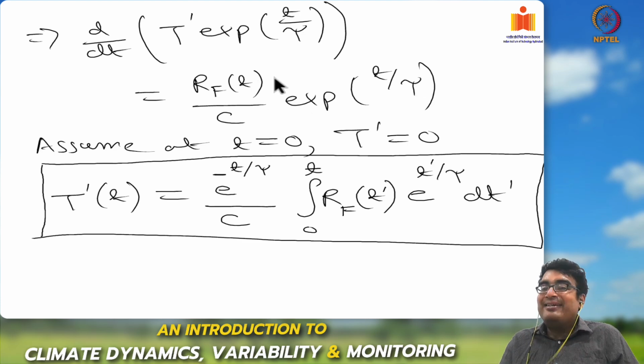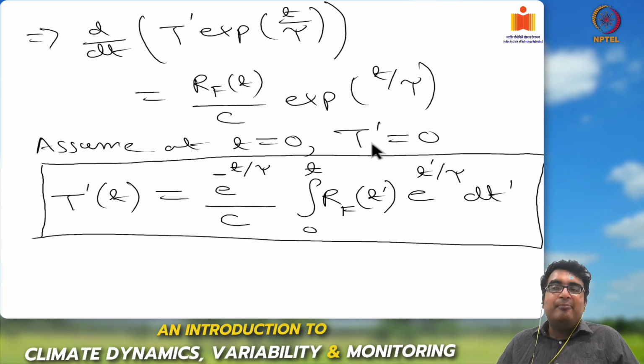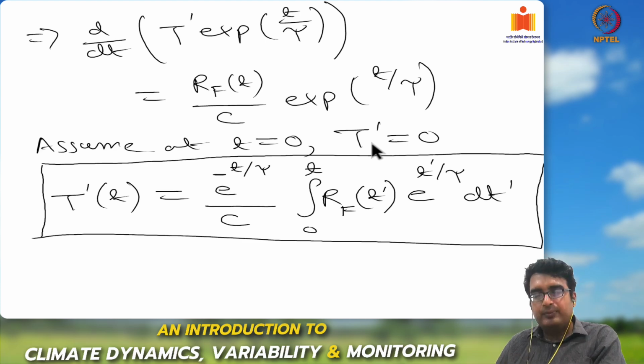So now you can integrate this directly and we can assume that at time t equal to 0, the temperature perturbation was 0. So what we are assuming is the radiative forcing started at time t equal to 0. At that time, the temperature was steady state temperature, so T' was 0.